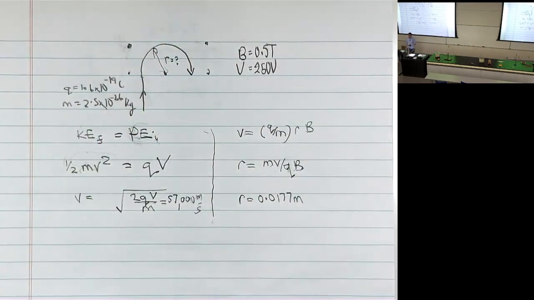This device, this problem, is a real device. It's used all the time. It's called a mass spectrometer. They don't use it for calculating the radius based on the velocity. Rather, you can measure the radius, you can set the velocity, and you determine the charge to mass ratio of particles using this device.